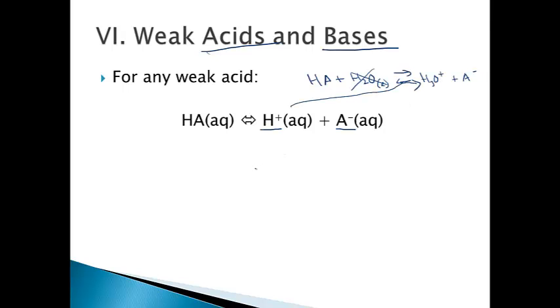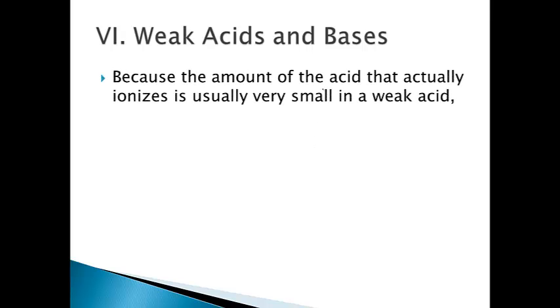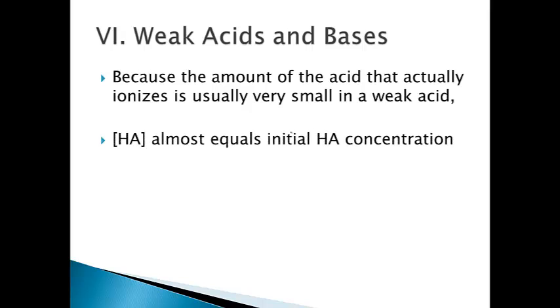But since it's in equilibrium, we can write a KEQ for this. It's concentration of the products, H plus and A minus, over HA, which still does appear in there because the molecule is aqueous. And we now call this a Ka. This is the acid dissociation constant. Because the amount of acid that actually ionizes is really small in the weak acid.